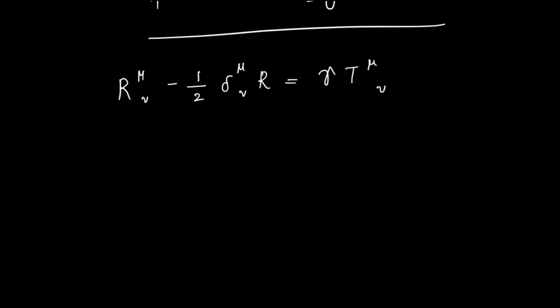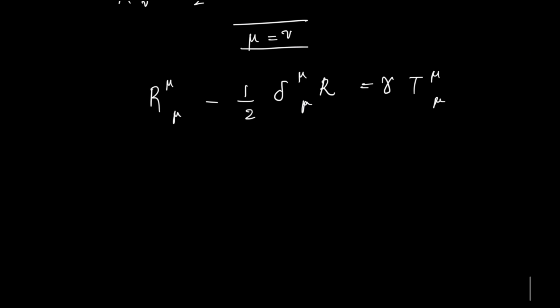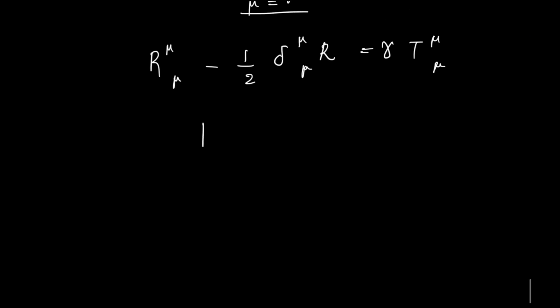Here if I put mu equal to nu, I'm just contracting, okay? Then I'll get R^mu_mu minus half delta^mu_mu R is equal to gamma T^mu_mu. So this R^mu_mu is R.